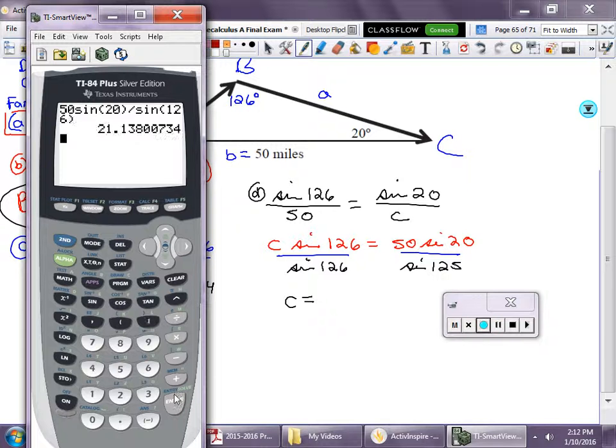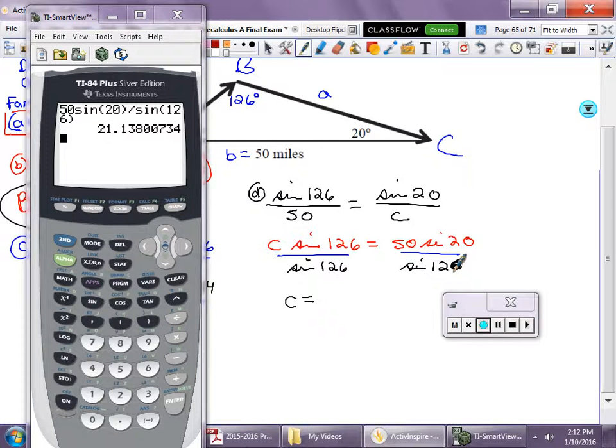I saw a little faux pas here. This is 126. So be careful. And we have 20. And of course, I'm telling myself to be careful, but we all need to be careful. 1, 3, 8. All right, now almost done.